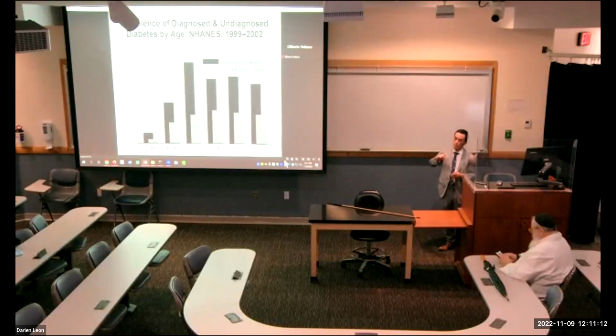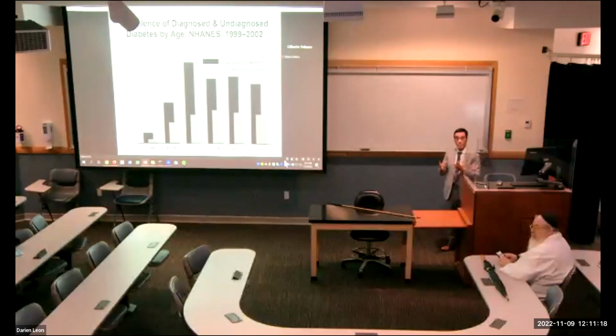Another way to look at it is, if you look at the population of people with diabetes in the world, about half of it is made up of people over the age of 60. So diabetes in older adults makes up the majority of people who have diabetes.